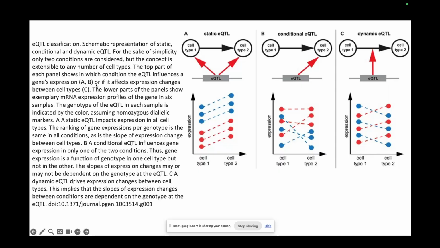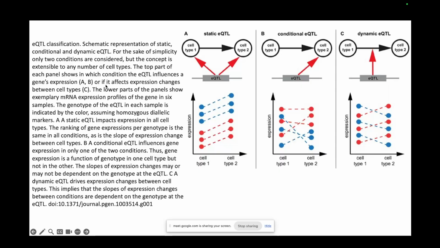The top part of the panel shows in which condition the eQTL influences gene expression, or if it affects expression changes between cell types. So this is an eQTL, and there is a conversion of cell type 1 to 2. How does it influence this particular process inside the cell?